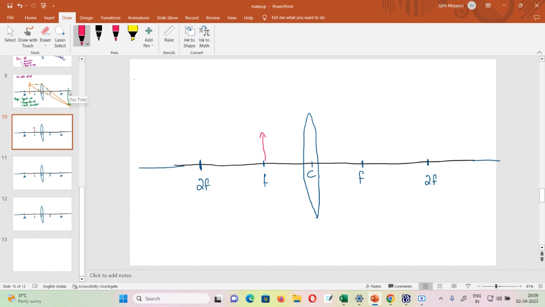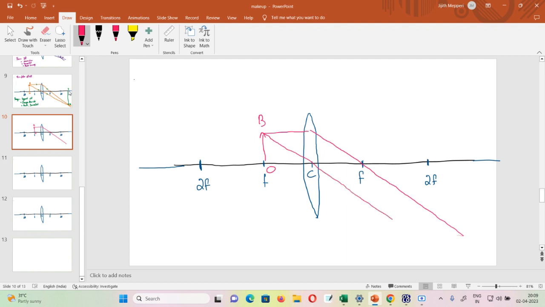So we will trace two rays. One is the parallel ray, going through the focus, and another ray passing through the optic center.